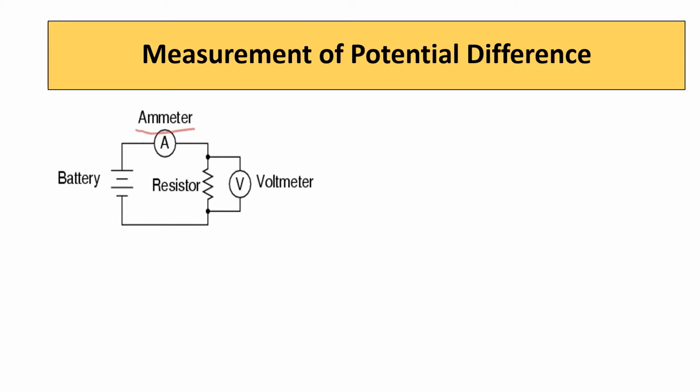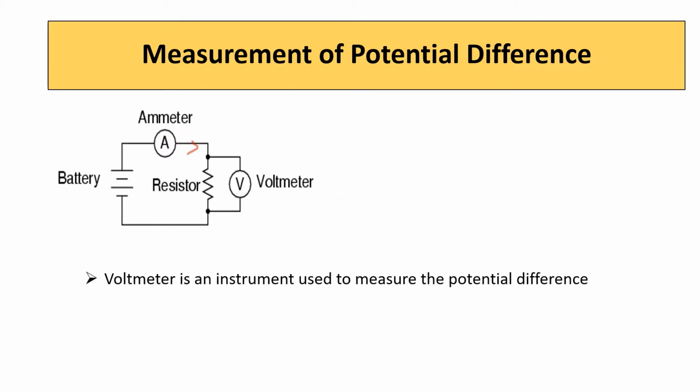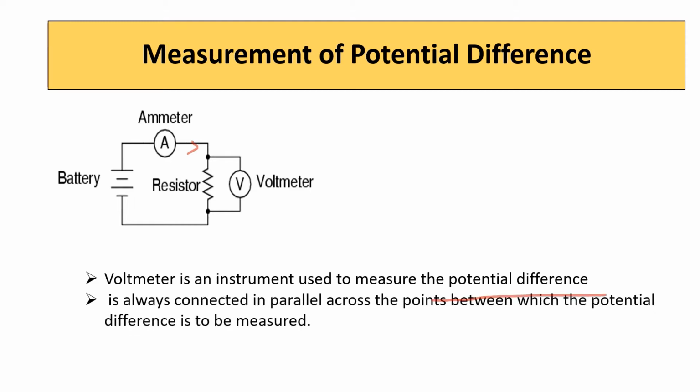Ammeter is the instrument used to measure the current in a circuit and it will always be connected in series, whereas a voltmeter is always connected in parallel. A voltmeter is an instrument used to measure the potential difference and it is always connected in parallel across the points between which the potential difference is to be measured.